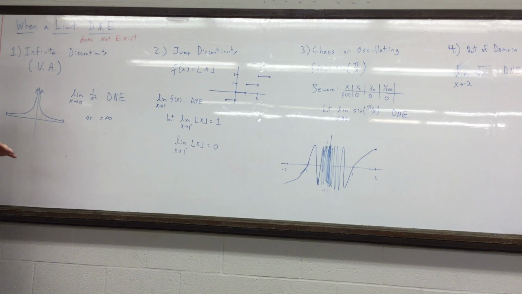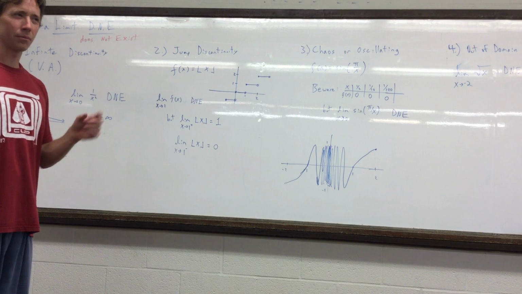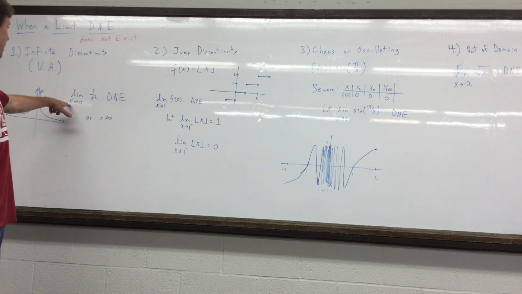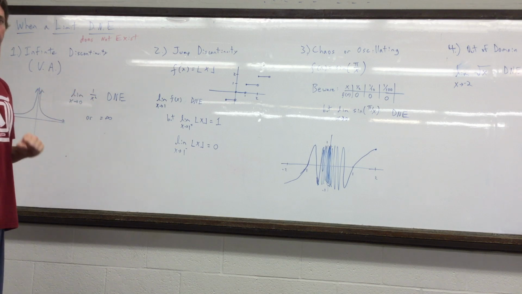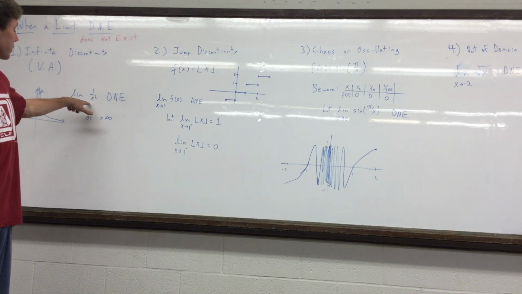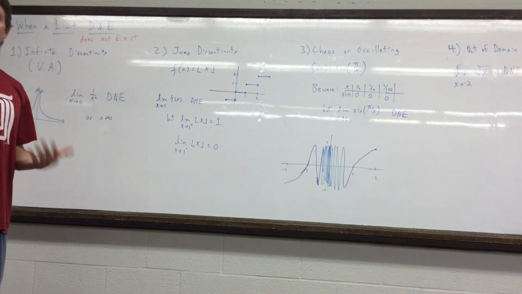Okay, so one of these ways we already talked about, the infinite discontinuity or the vertical asymptote, often found with rational functions or any time that you end up dividing by 0 in your function. So look at the limit as x approaches 0 of 1 divided by x squared. This limit does not exist. If x gets close to 0, 1 over x squared doesn't get close to any number.